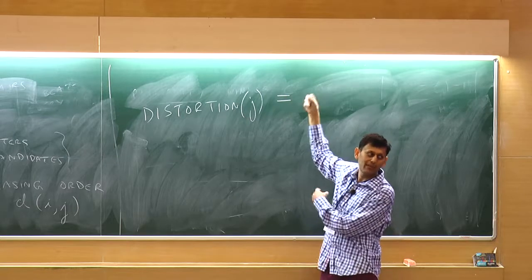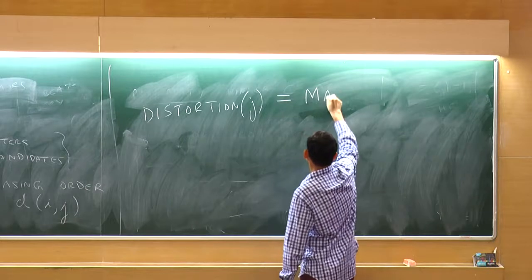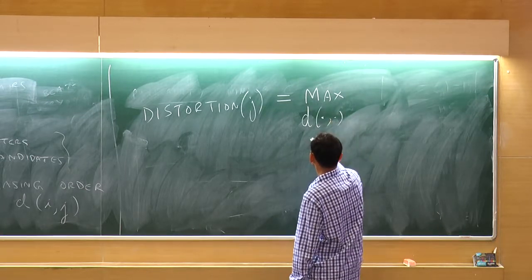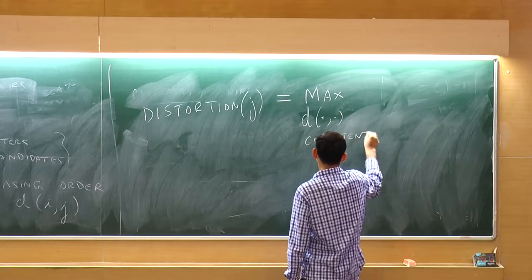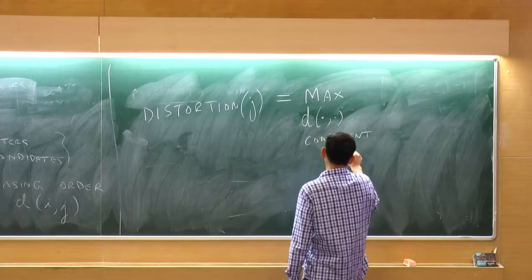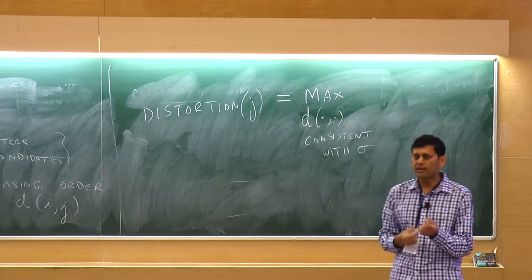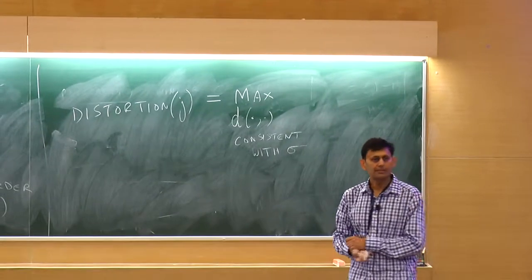I'm not going to explain why I'm saying max as opposed to sup, so please excuse me for this one. It is the max over all metric spaces D consistent with sigma. Because we are given these rankings, not every metric space could potentially be consistent with them. Does that make sense?